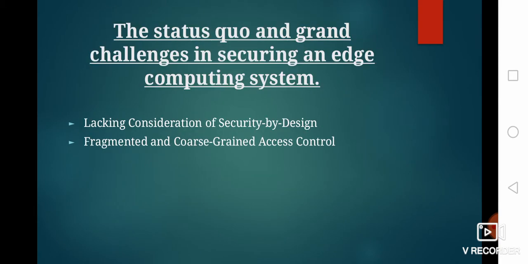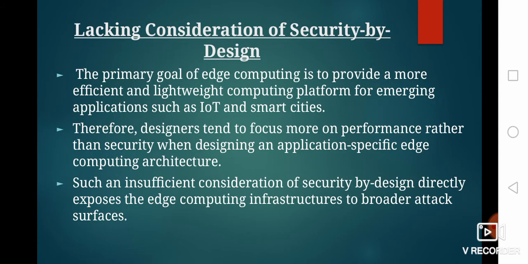Here are the status quo and grand challenges in securing an edge computing system. There are 2: lacking consideration of security by design, and fragmented and coarse-grained access control. Lacking consideration of security by design. The primary goal of edge computing is to provide a more efficient and lightweight computing platform for emerging applications such as IoT and smart cities.